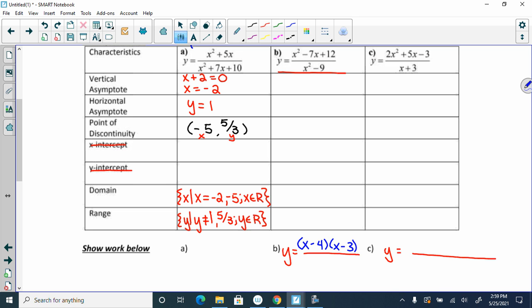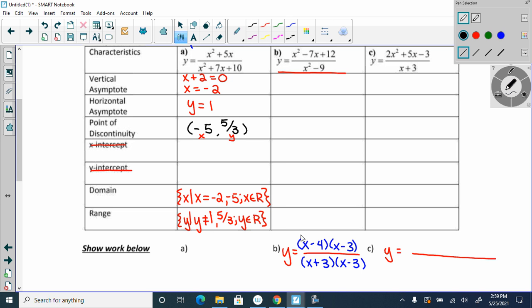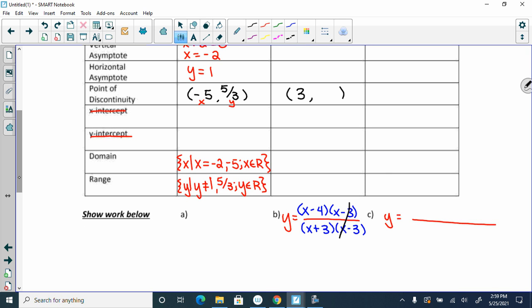And then x squared minus 9, I get x plus 3, x minus 3. And then immediately, when I see these cancel, I know I have a point of discontinuity at 3, because it's x minus 3, so it's going to be 3 and something, right? Now let's go down here for a second. We have the equation y equals x minus 4 over x plus 3.